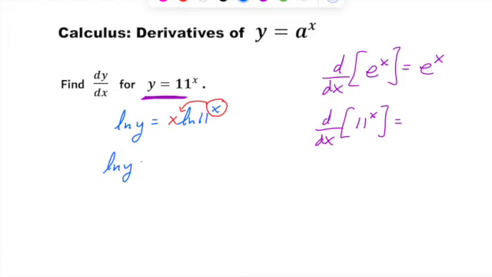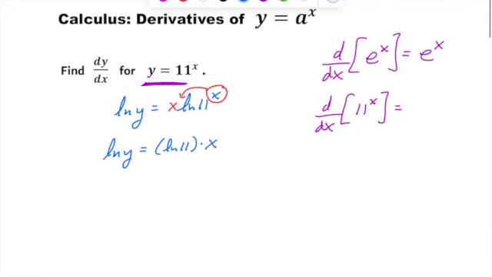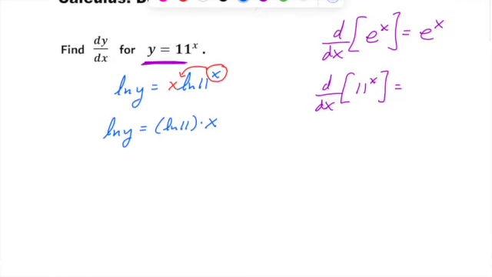You have ln of y equals x times ln of 11, and I'm just going to rewrite this as ln of 11 times x. So we're really emphasizing that that's just a constant coefficient times x, no different than doing the derivative of 7x. Now when I differentiate, I'm going to take the derivative with respect to x.